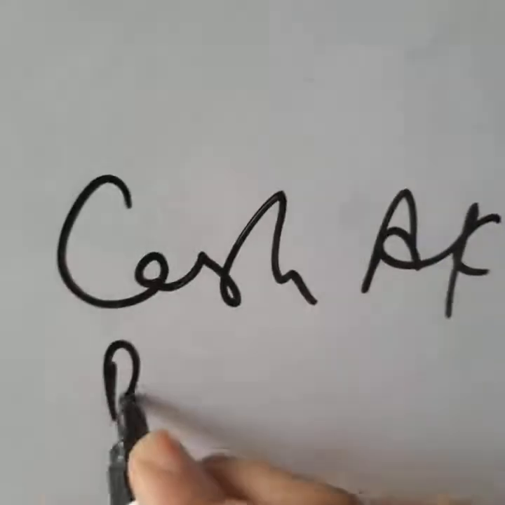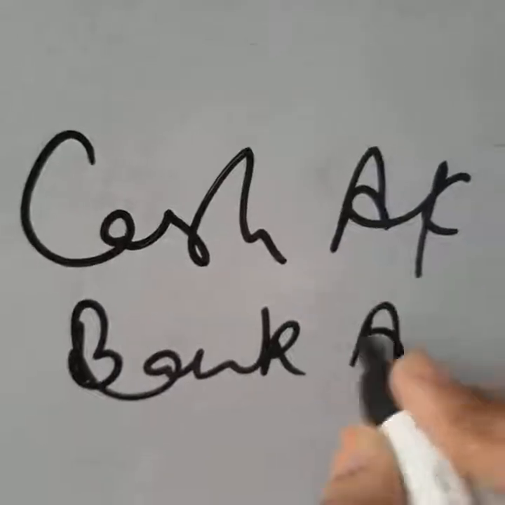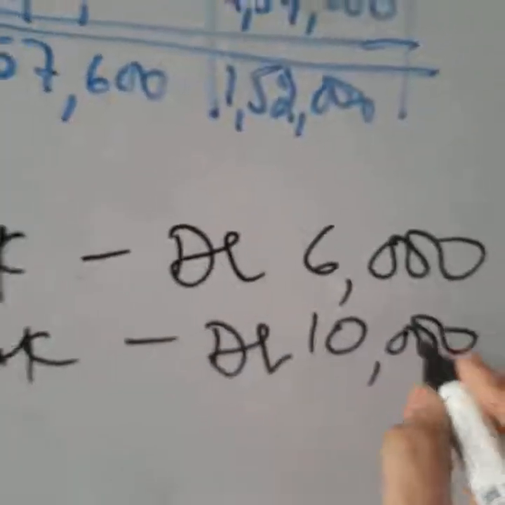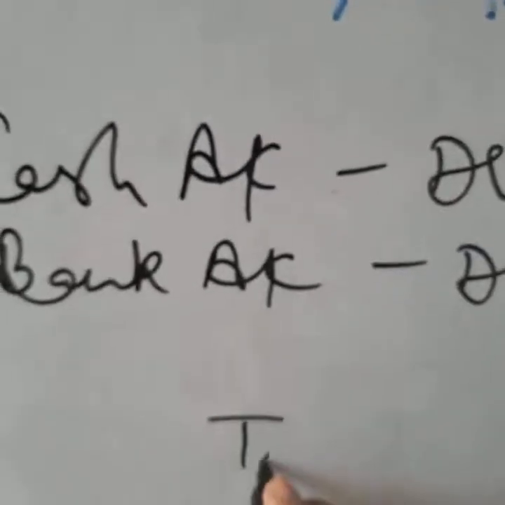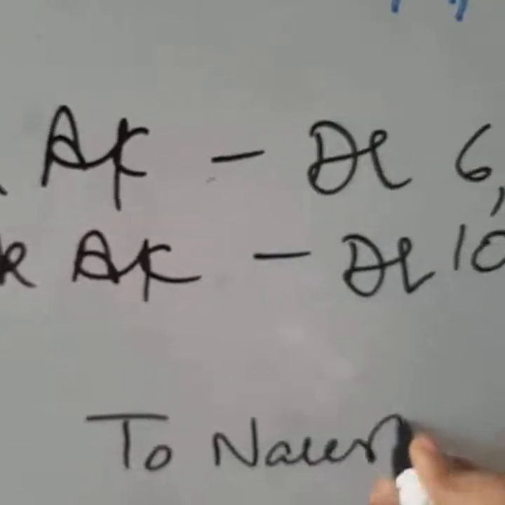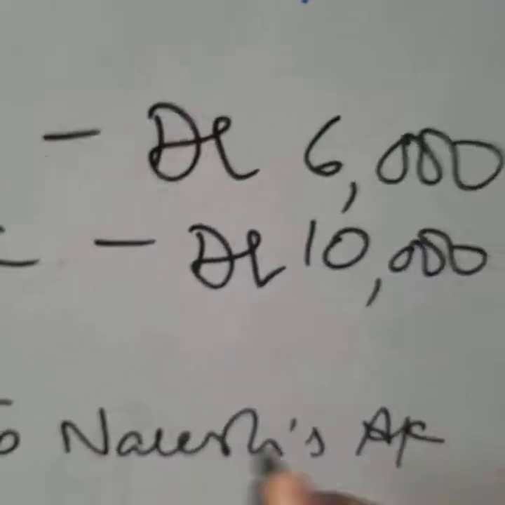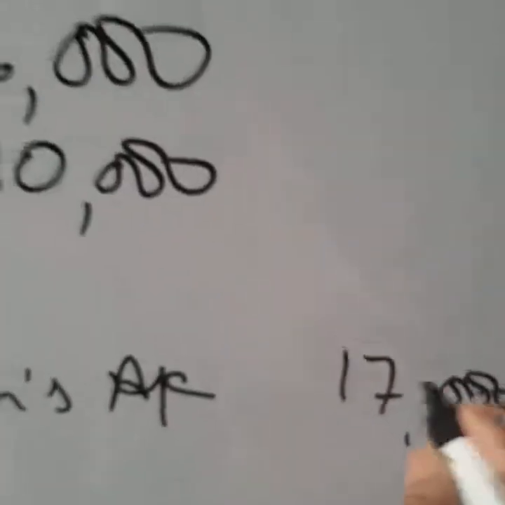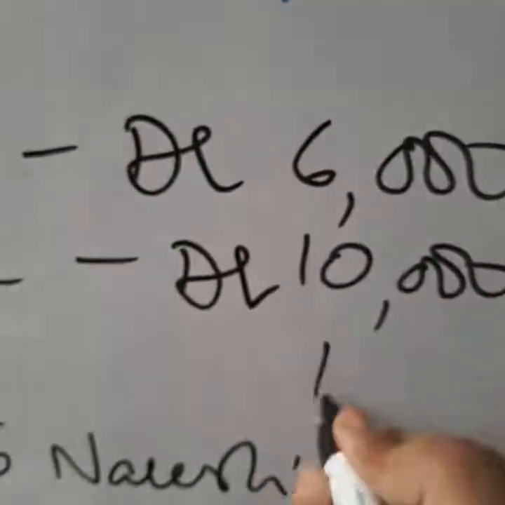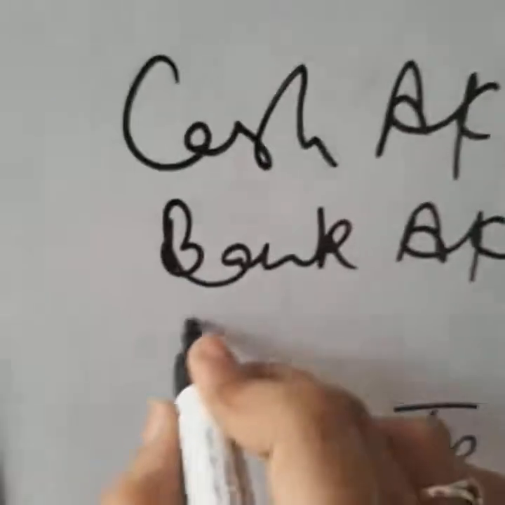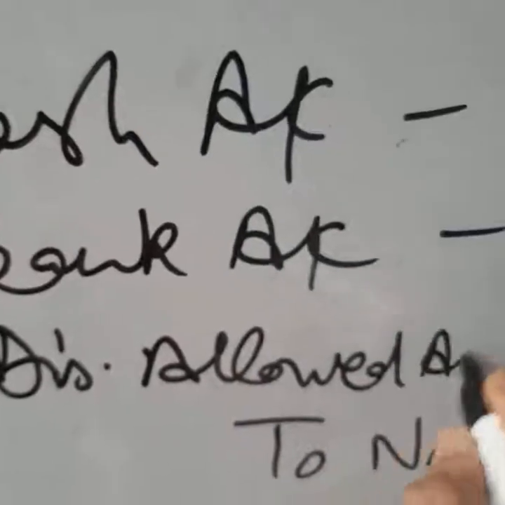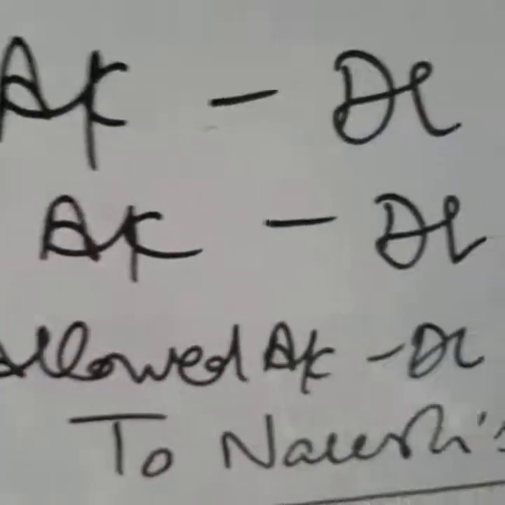We are receiving a cheque, bank account debited, and we are depositing it the same day. We'll write here bank debited 10,000. Then to Naresh, the debtor's name is Naresh's account. Naresh owed us 17,000, but we are receiving 16,000. So students, 1,000 is the discount allowed to him. So discount allowed account debited to Naresh's account.